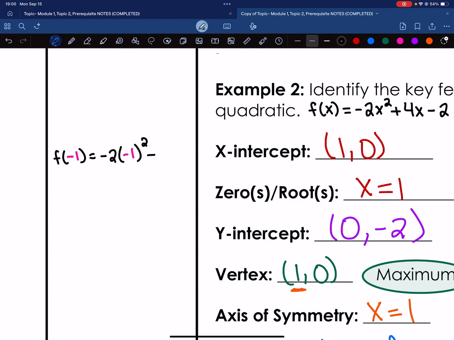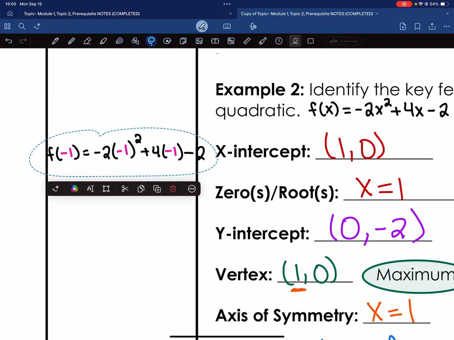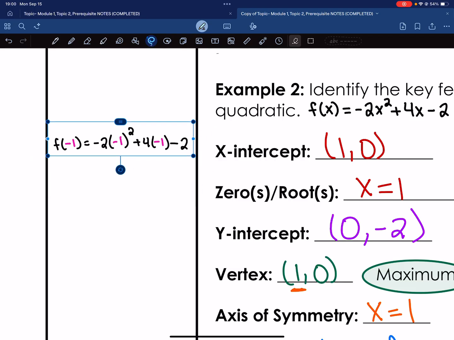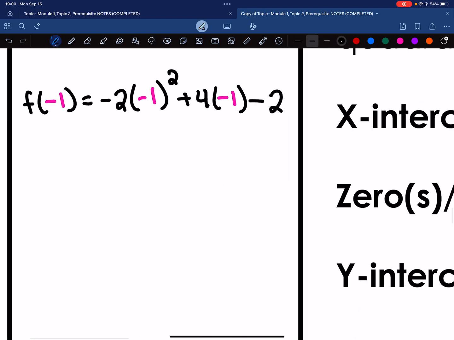It is really important that you put the -1 inside parentheses, and when you're squaring it like we did here, you're squaring it on the outside of the parentheses. Okay, let me make this fit inside that little area. There we go.